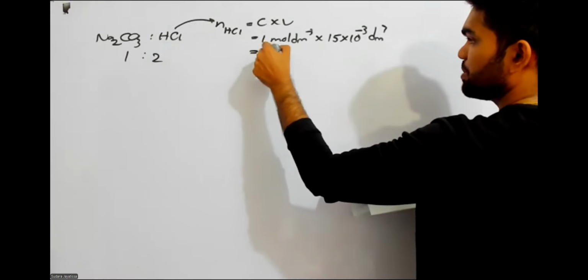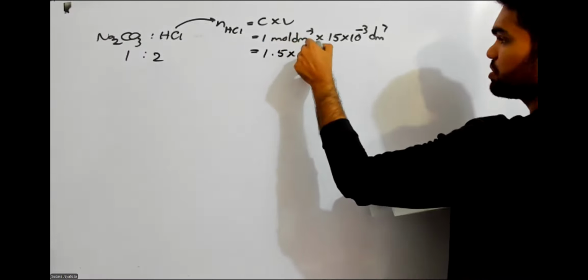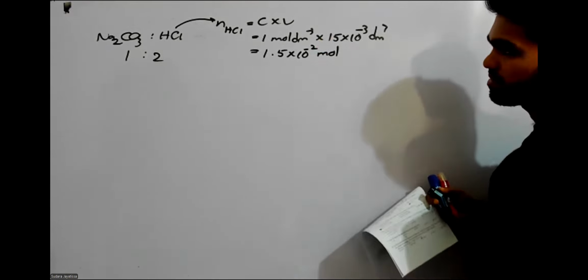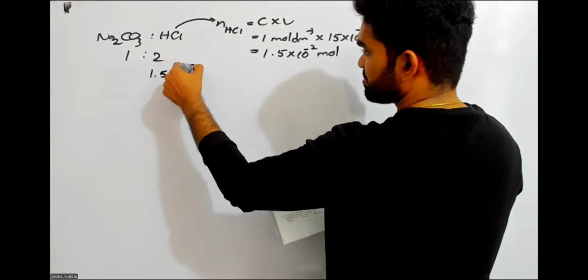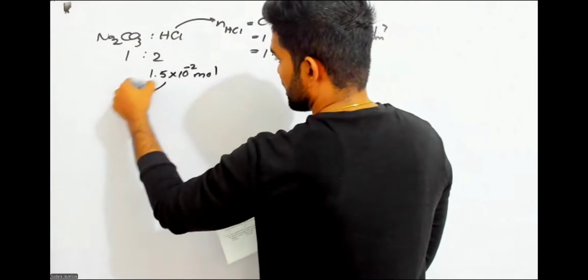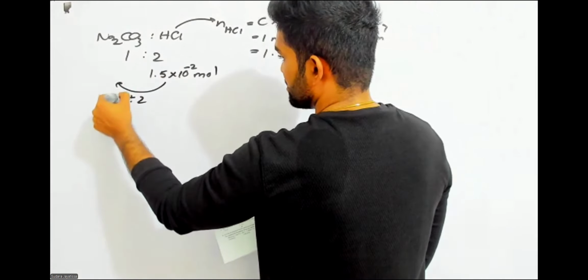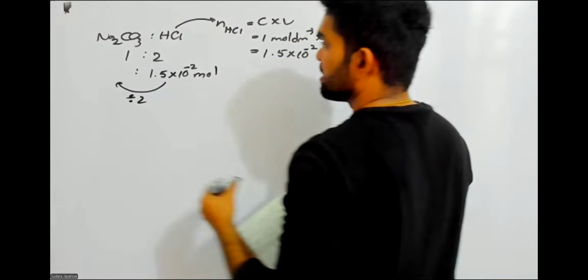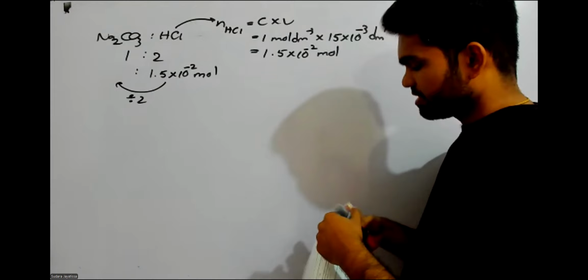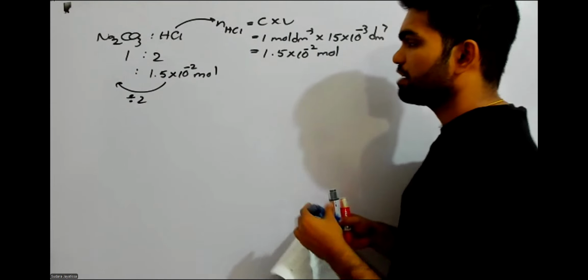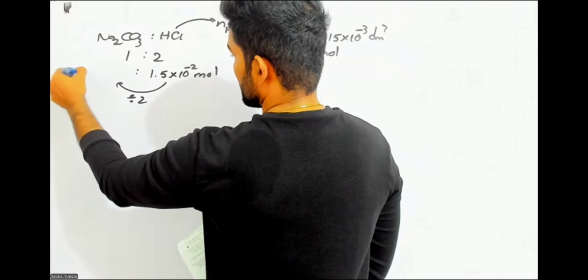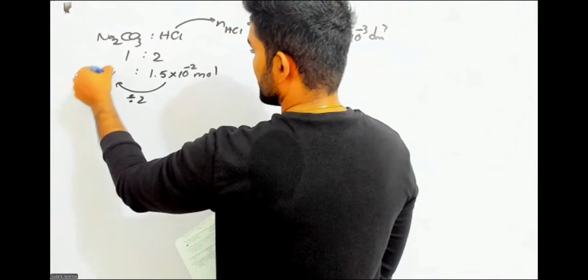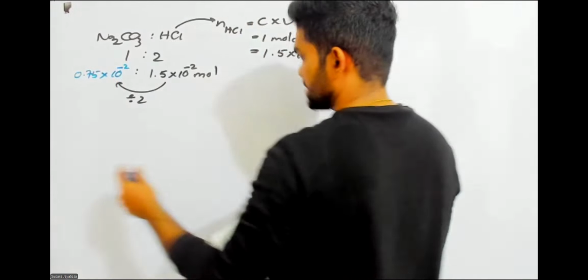So it is 1.5 into 10 to the power minus 2 moles. And then half of that will be there for the sodium carbonate, right? So you are using the ratio. And half is what? 0.75. Okay, 0.75 into 10 to the power minus 2 moles are there.